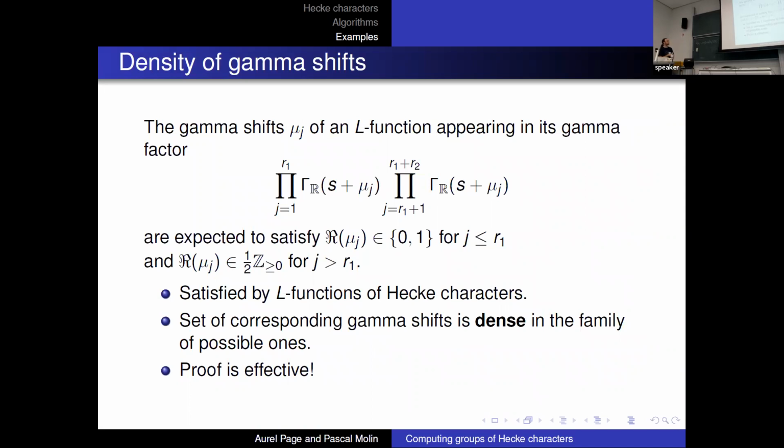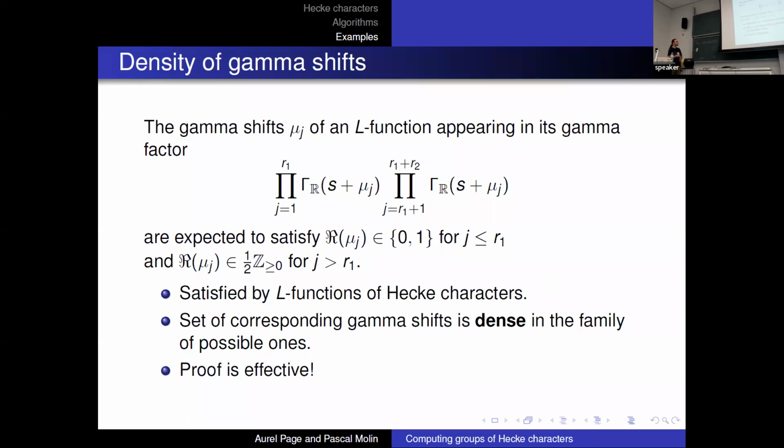Another interesting thing about Hecke characters are the gamma shifts of their functional equation. For general L functions, you have gamma shifts like this. You have a gamma product. Oh, this would be a gamma C, sorry. They are expected to satisfy some restrictions about the real parts of the shifts, and they're automatically satisfied by Hecke characters.